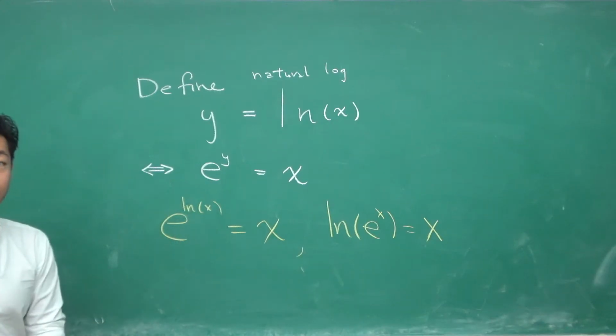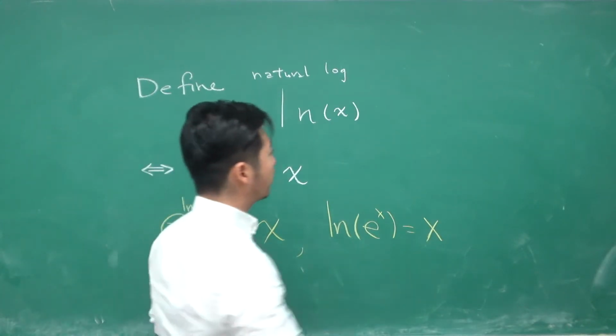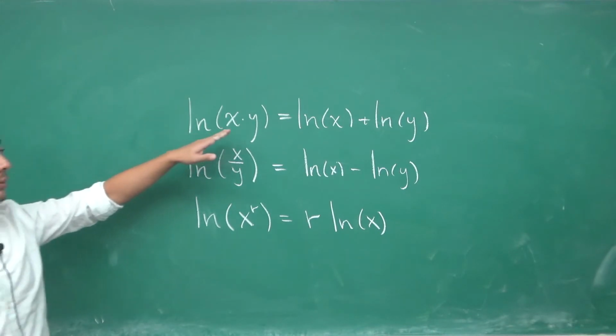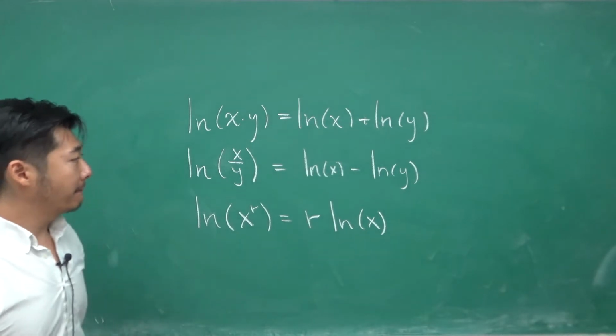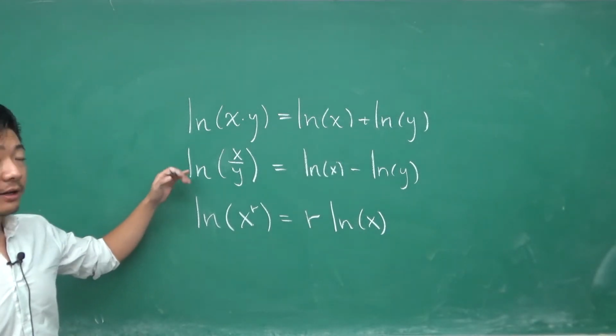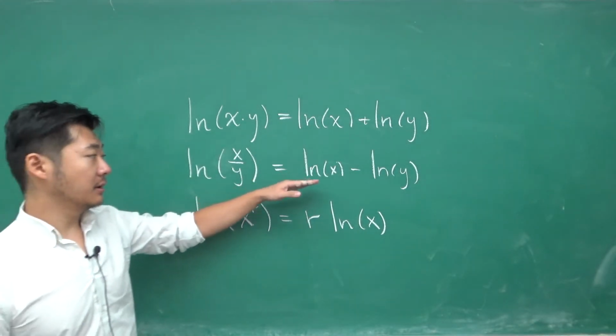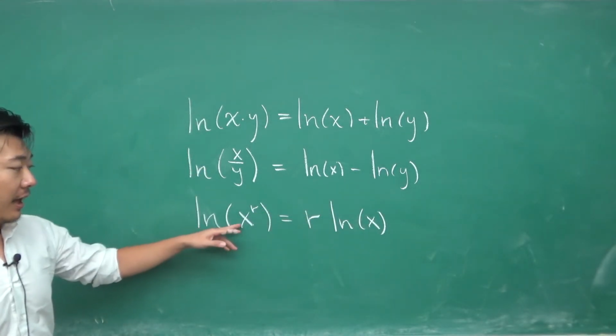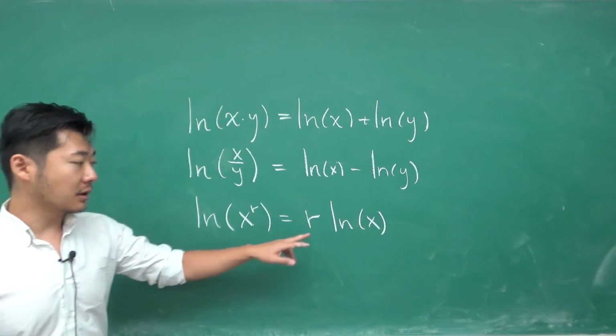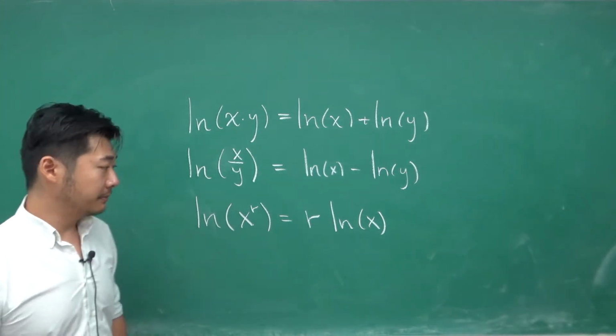The natural log has the following properties: the natural log of the product xy is equal to natural log of x plus natural log of y. The natural log of the quotient is log x minus log y, and log of x to the r is r times natural log of x.